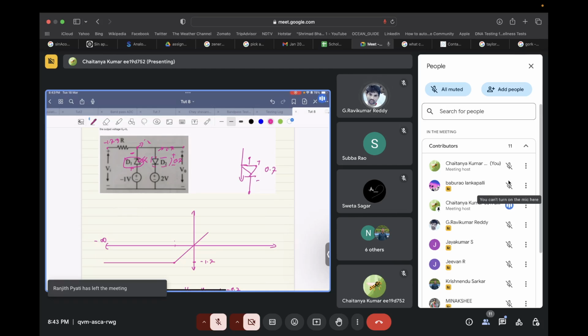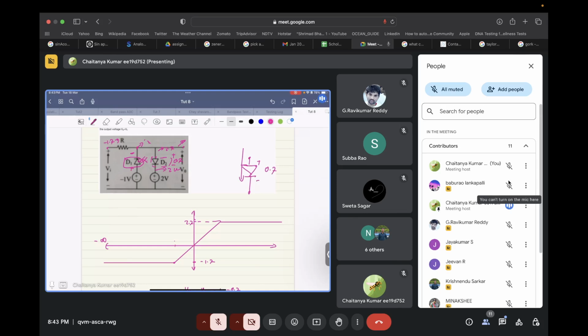The P terminal should have a higher voltage than the N terminal, by 0.7 volts higher. So if this is 2 volt, your output should be at least 2.7 volt in order for D2 to start conducting. So it will go all the way up to 2.7 volts, and then it will saturate.